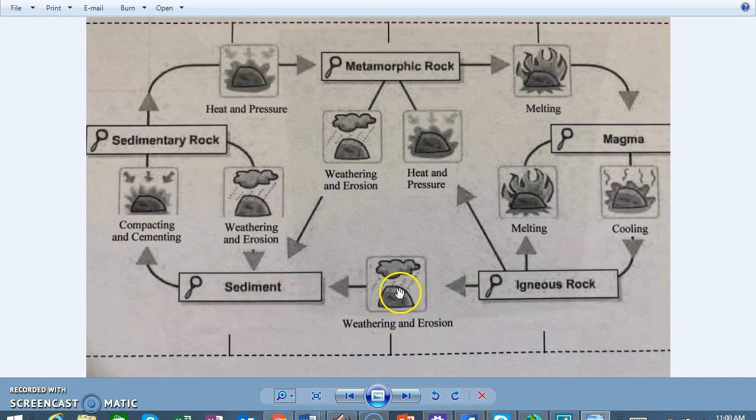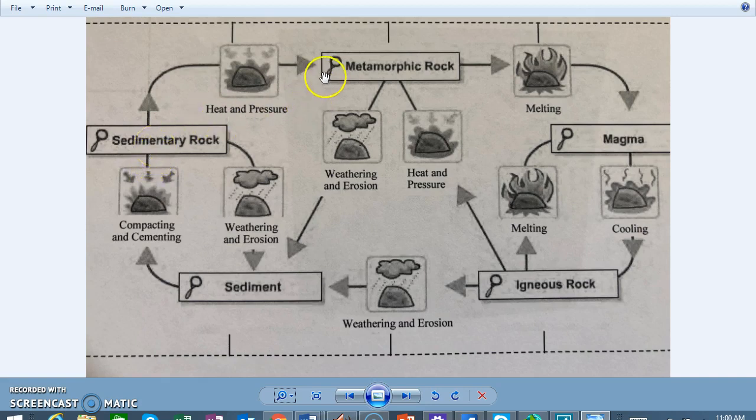Okay. Notice how igneous to sediment is weathering and erosion, and how from metamorphic to sediment is weathering and erosion, and from sedimentary rock, the sediment is weathering and erosion, all 3 of these. And then it becomes cemented and compacted. Okay. And there's your sedimentary rock.